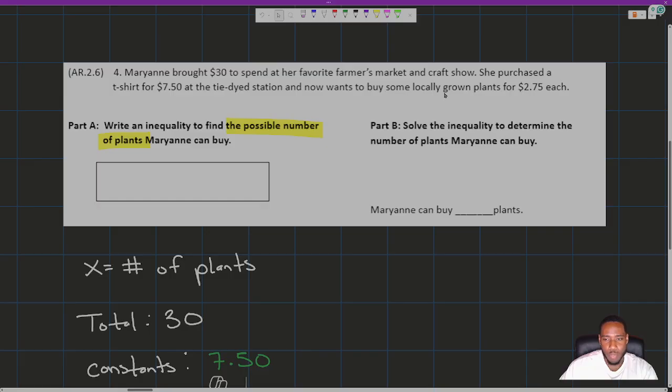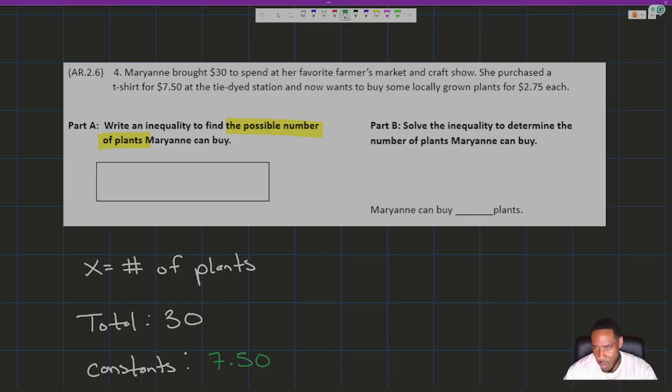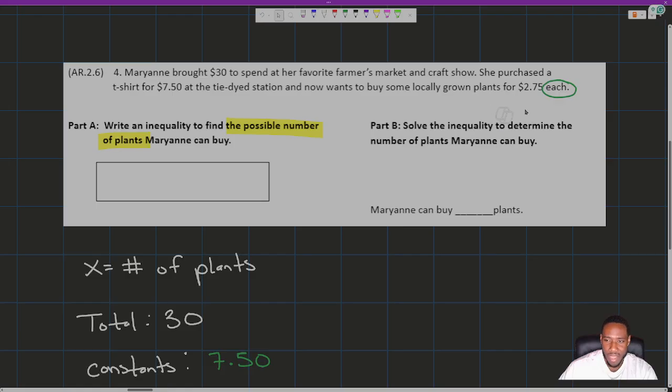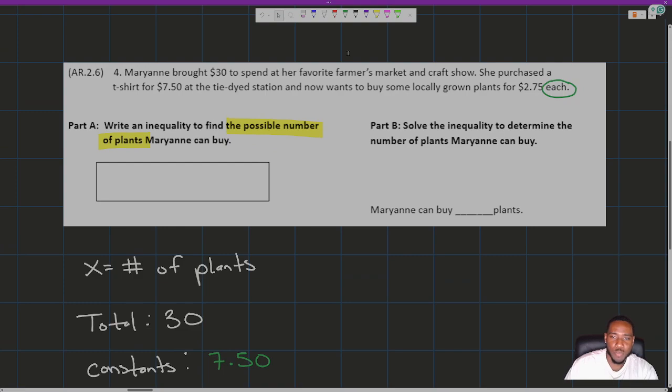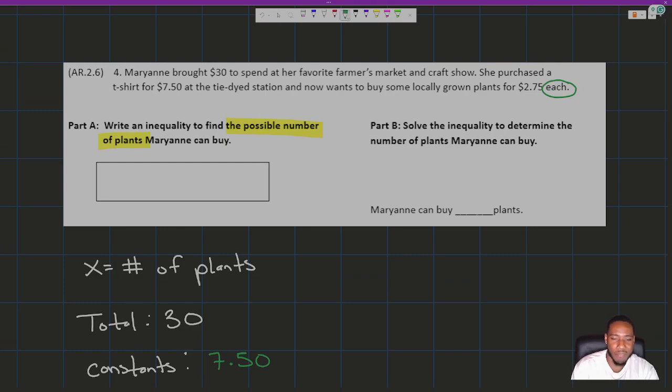And now she wants to buy some locally grown plants for $2.75 each. Now, as we talked about previously, that word each is what usually indicates that we're looking at a coefficient. And we know, because it's in conversation with the number of plants she's buying, that must be our coefficient. So there's going to be a relationship between the things that we're buying and the amount of money we have to buy it.